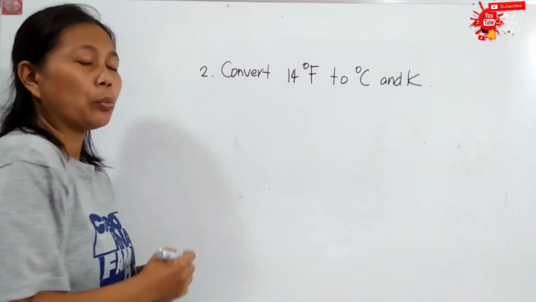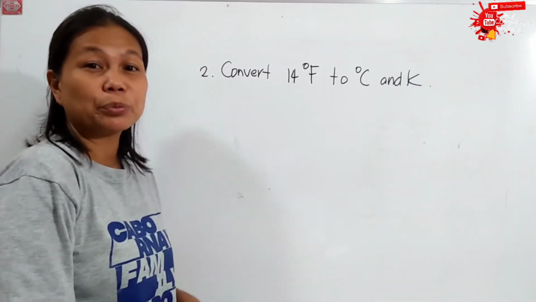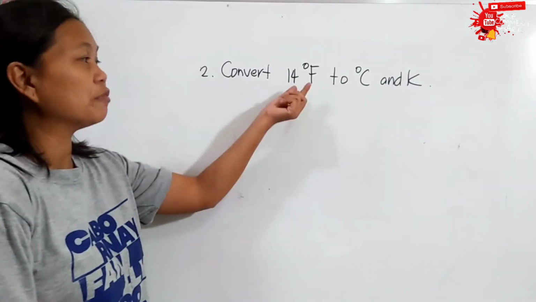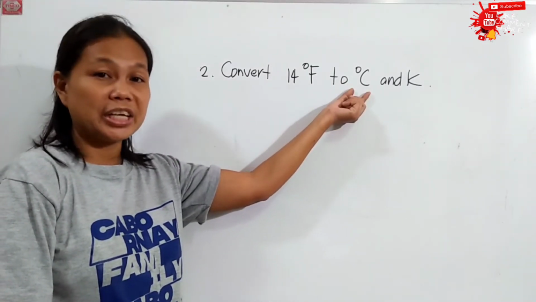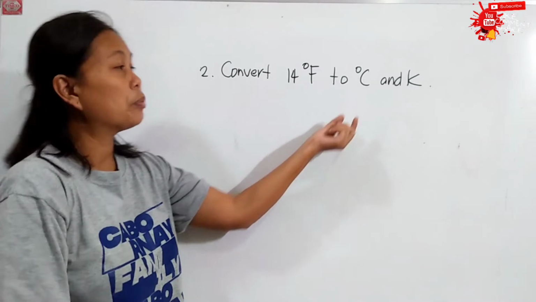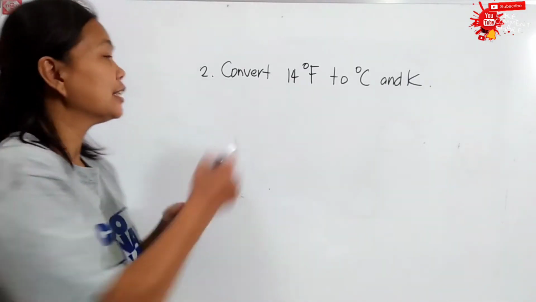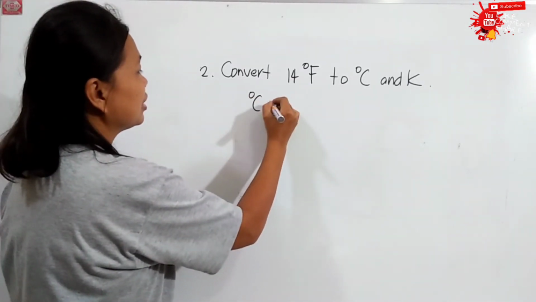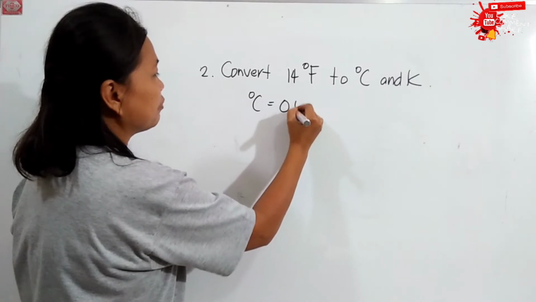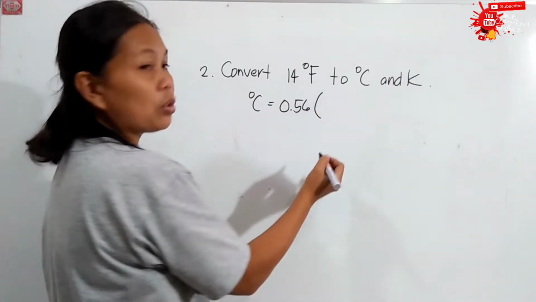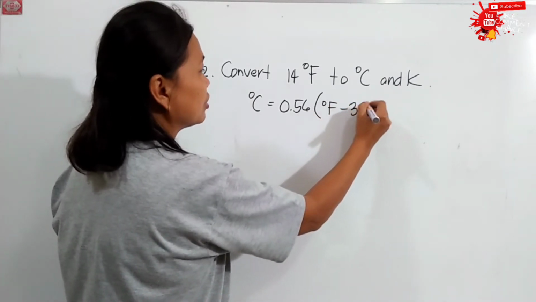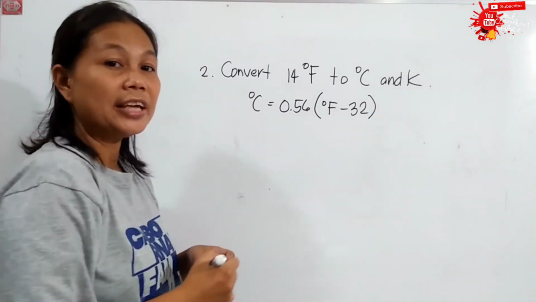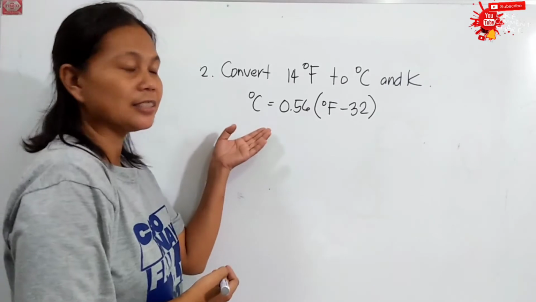What will be the formula that we're going to use if we have to convert 14 degree Fahrenheit to degree Celsius? We will use the formula degree Celsius is equal to 0.56 times the quantity of degree Fahrenheit minus 32. Do not forget this formula.